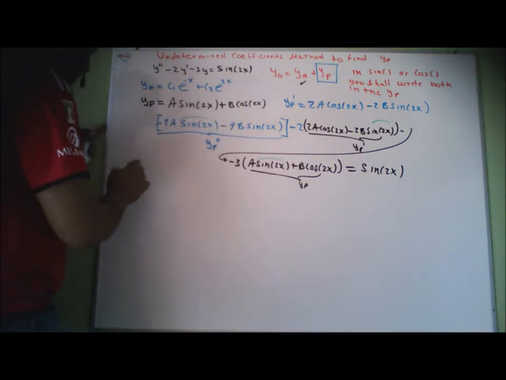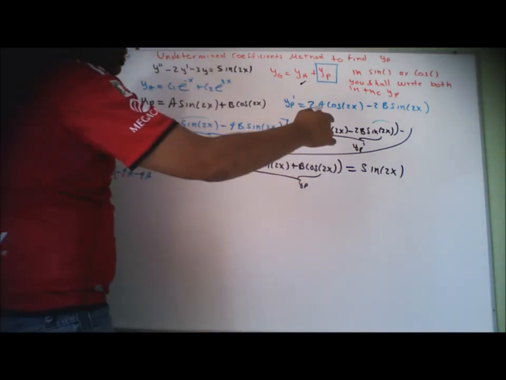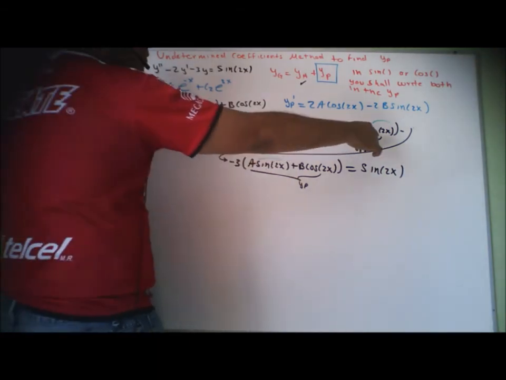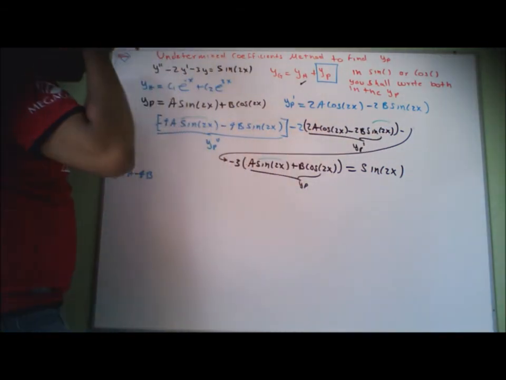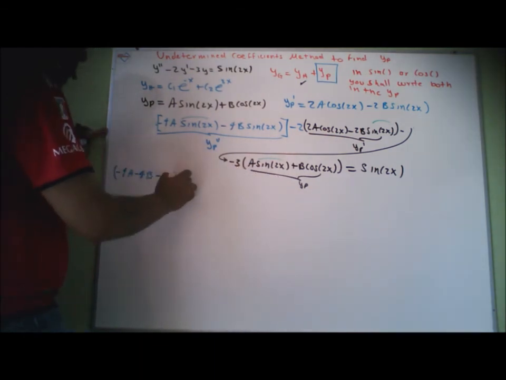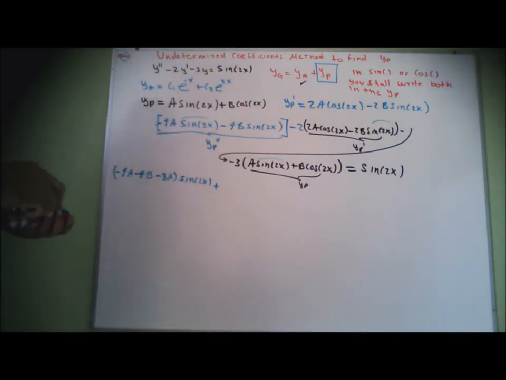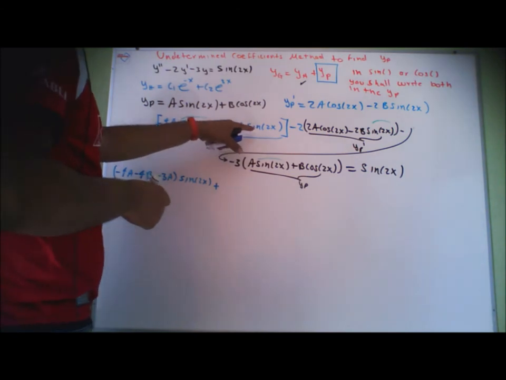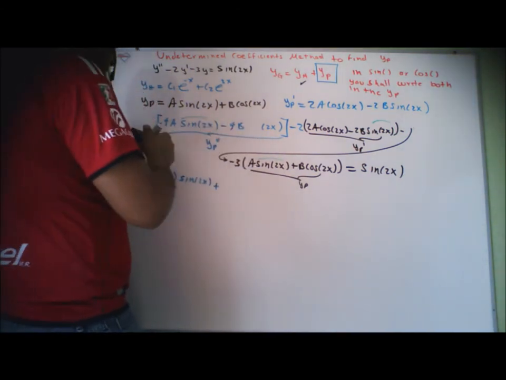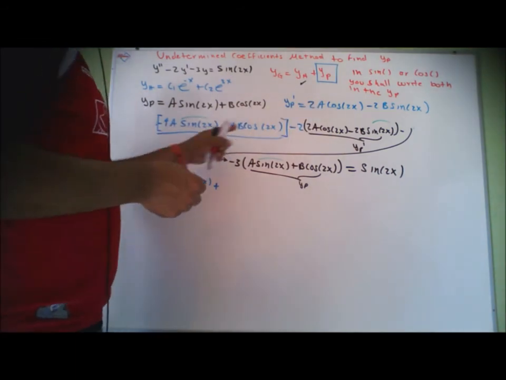For the sine, it's going to be minus 4a minus 2b... sorry, I made a mistake there: this is the cosine, and the derivative of the sine is the cosine.